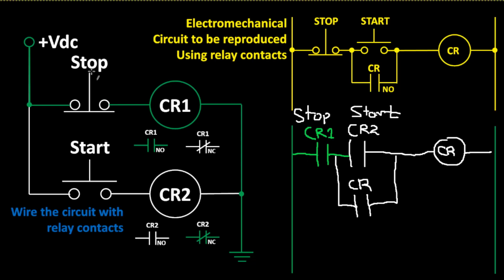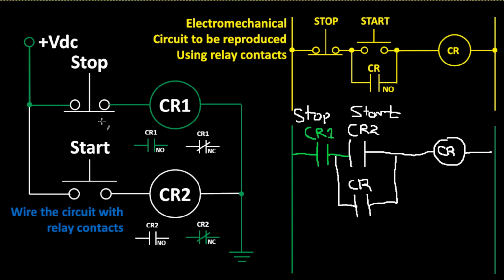Then when I press the stop push button, it de-energizes CR1. Therefore, the normally open contacts will be open, and the normally closed contacts will be closed, which says that CR1's contacts will open and break the power, so that CR de-energizes, CR opens.